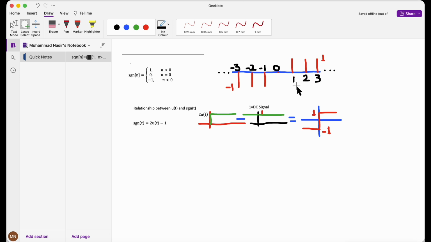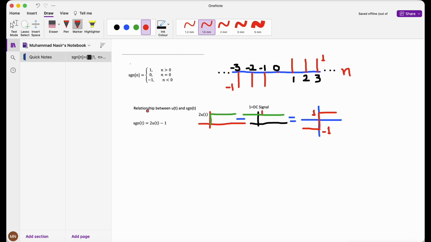If n is equal to 1, 2 or 3, the sample value is always 1. But if n is equal to -1, -2, -3, then the sample value is always -1.